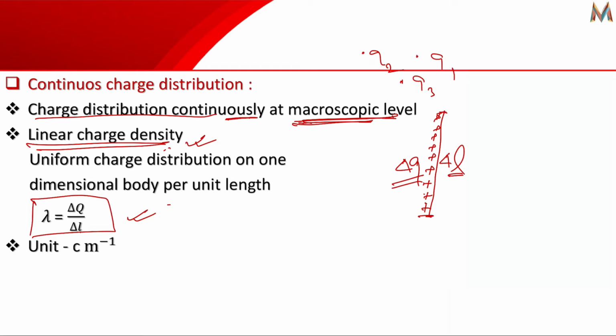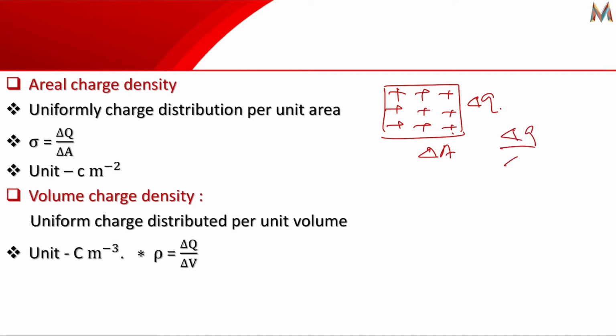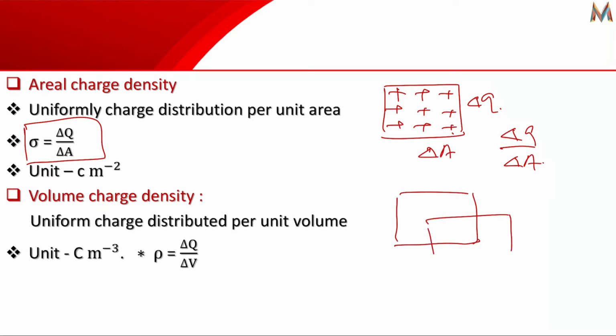Similarly, this is for a linear body. If you take an areal body, in which charge is distributed uniformly, and let the total charge be delta Q and the total area be delta A, then delta Q by delta A is said to be the areal charge density. Similarly, for volume charge density, there is a body in which charge is placed uniformly throughout the volume.